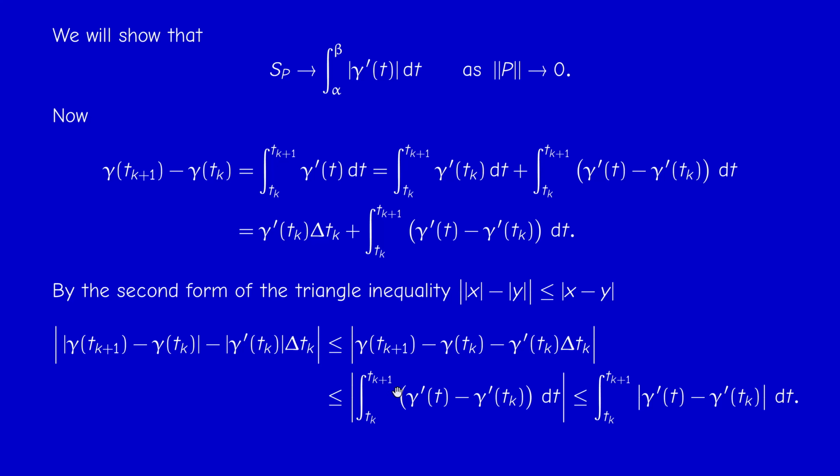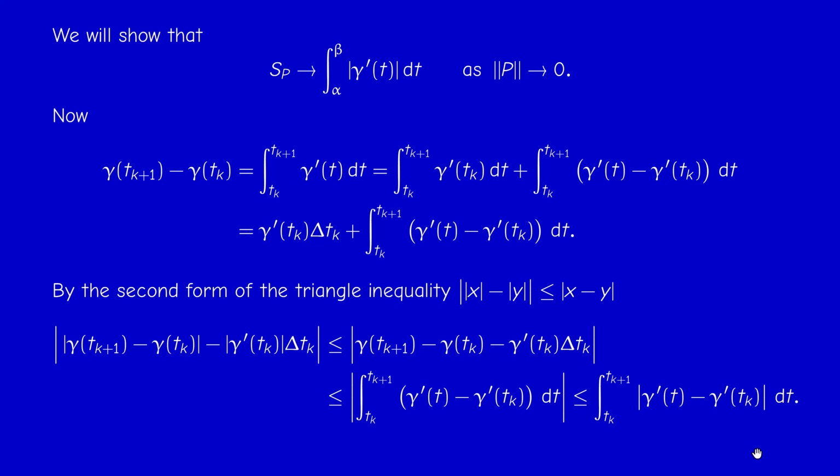And the modulus of the integral is less than the integral of the modulus, okay? But on the other hand, if I use the triangle inequality, I call this x and this is y, the modulus of x minus y is bigger than the absolute value of the modulus of x minus the modulus of y, right? So I get this inequality. And this is true for all k between 0 and n minus 1.